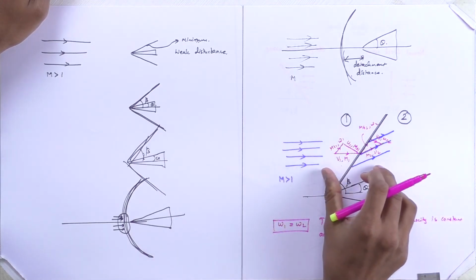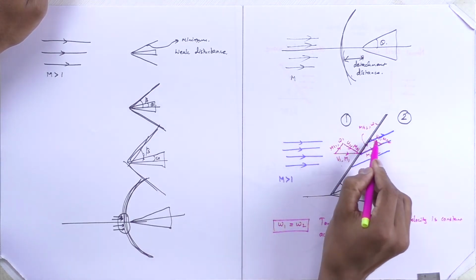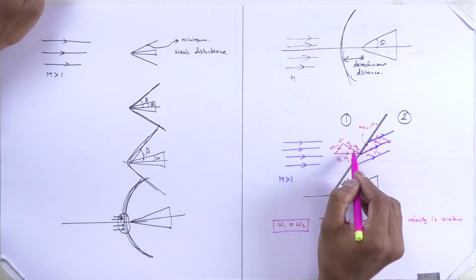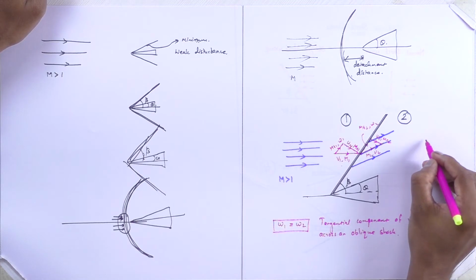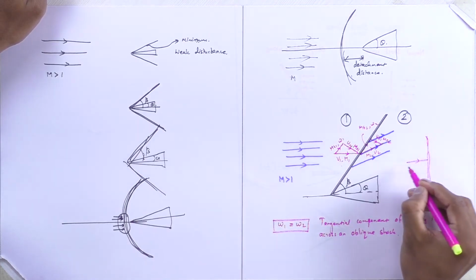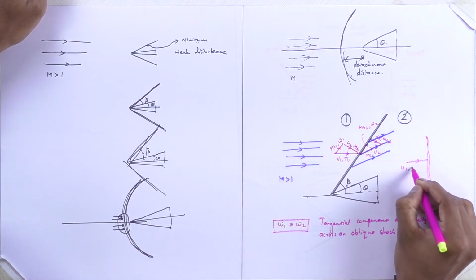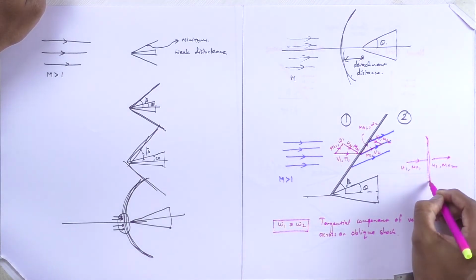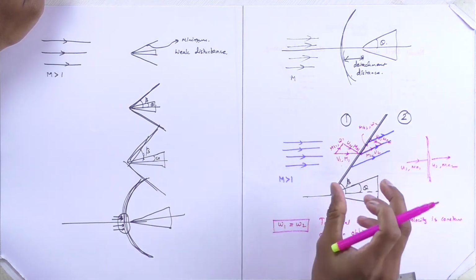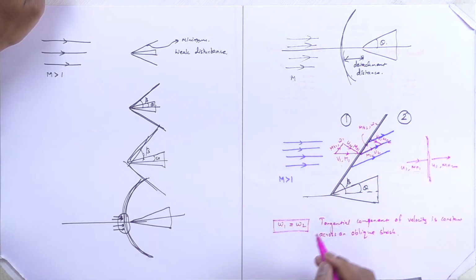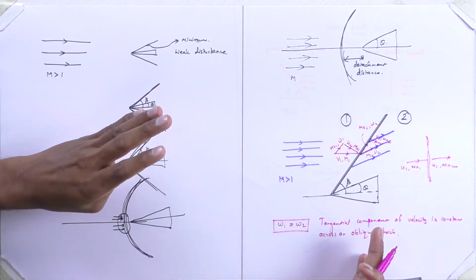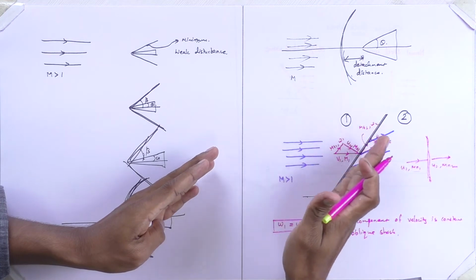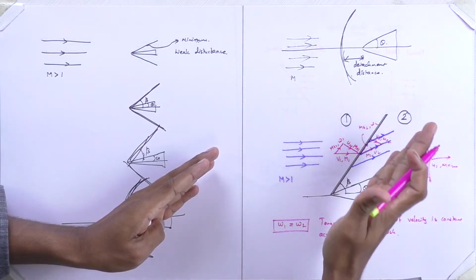All the flow property changes occur only due to the normal components of the shock wave. So here we can treat this shock wave as a normal shock wave with u1 and Mn1 components. Downstream we will have u2 and Mn2 components. So all the property variation will be only due to this normal component. There won't be any change in properties because of the tangential component. This tangential component of velocity is constant across this oblique shock wave.